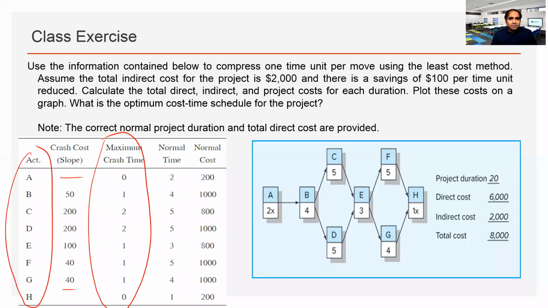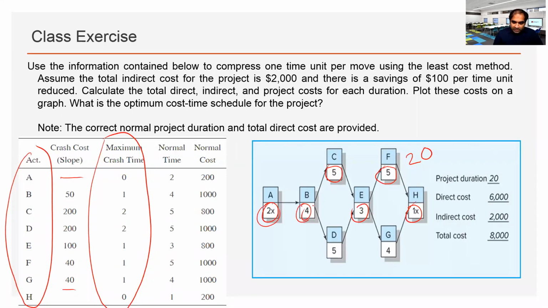B, B, B, okay. So let's check. So we have 2, 4, 6, 11, 14, 19, 20. Okay.